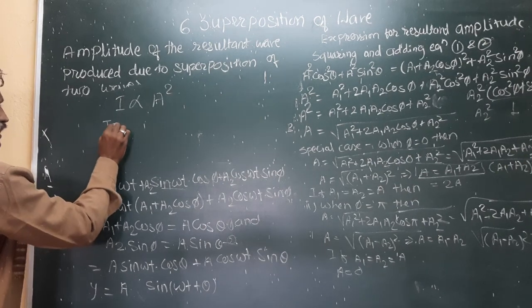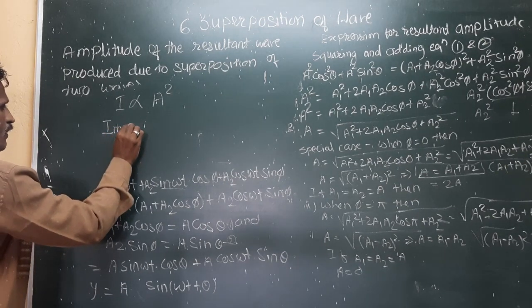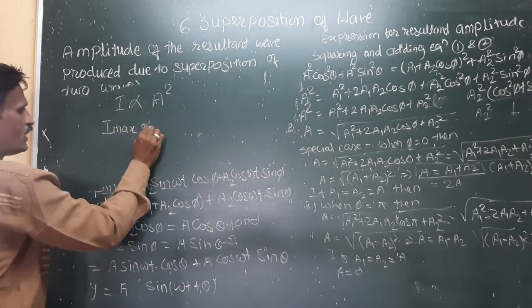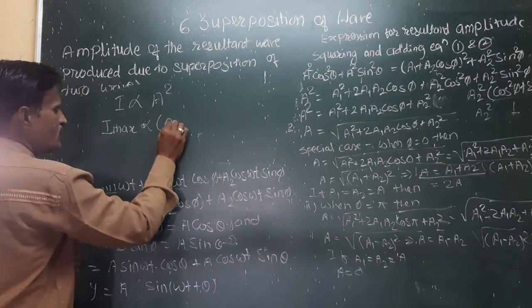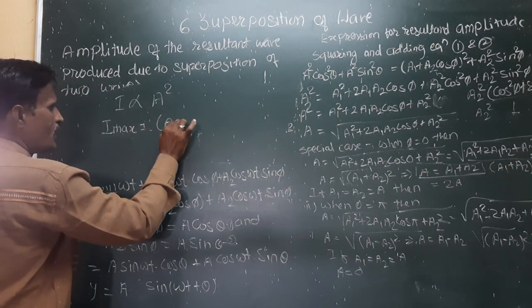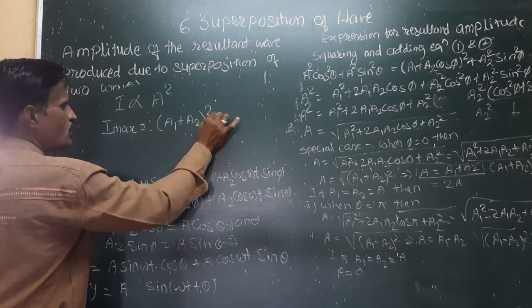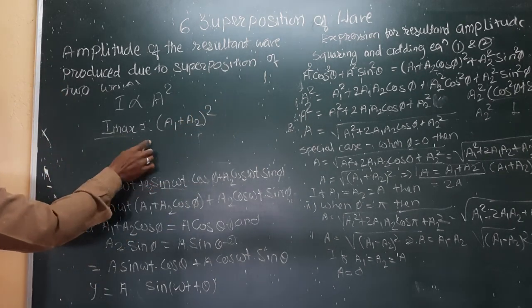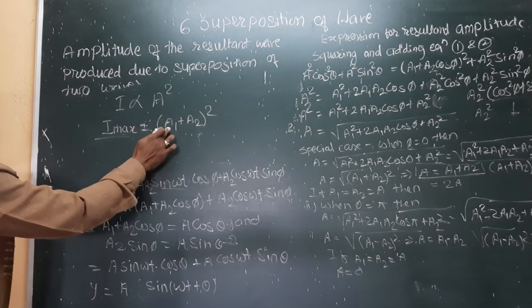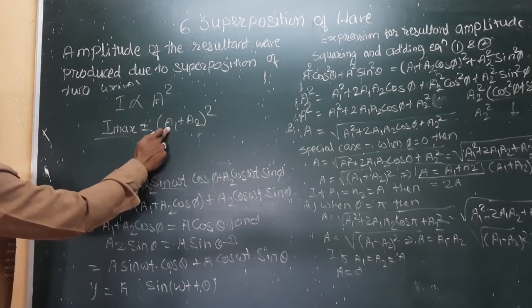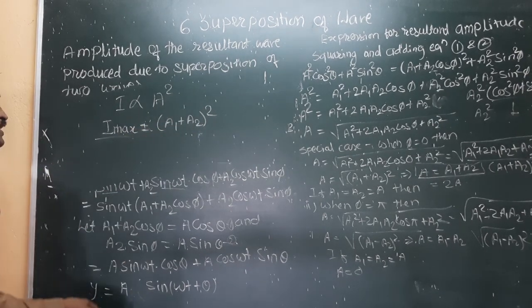Therefore, intensity will be maximum when its value is equal to (a1 plus a2) whole square. So the maximum intensity is given by (a1 plus a2) whole square.